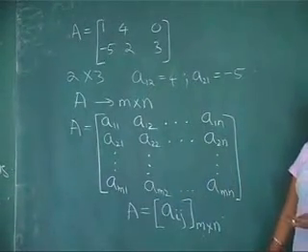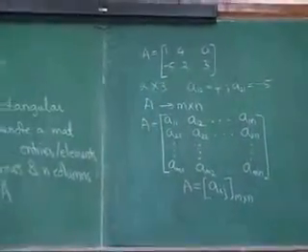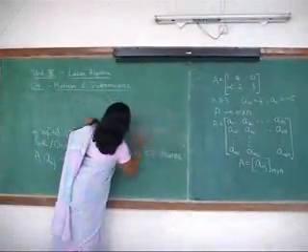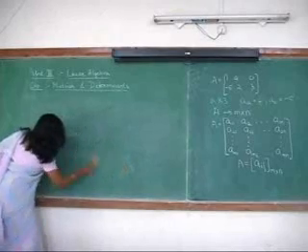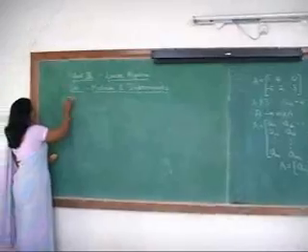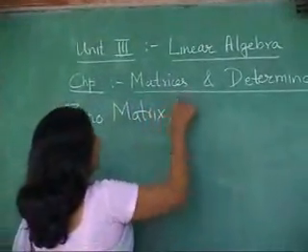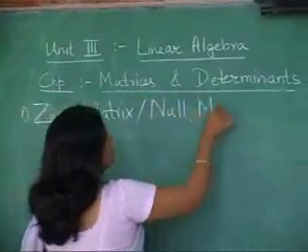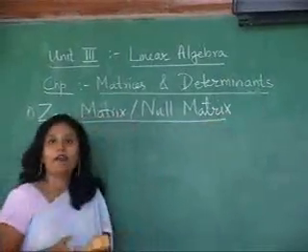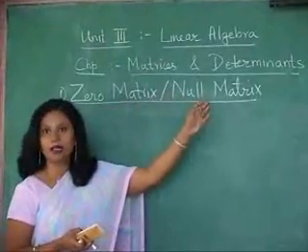Now let's quickly run through the various types of matrices. We start with the zero matrix or the null matrix. If every entry in a matrix is zero, then it will be called the zero matrix or the null matrix.